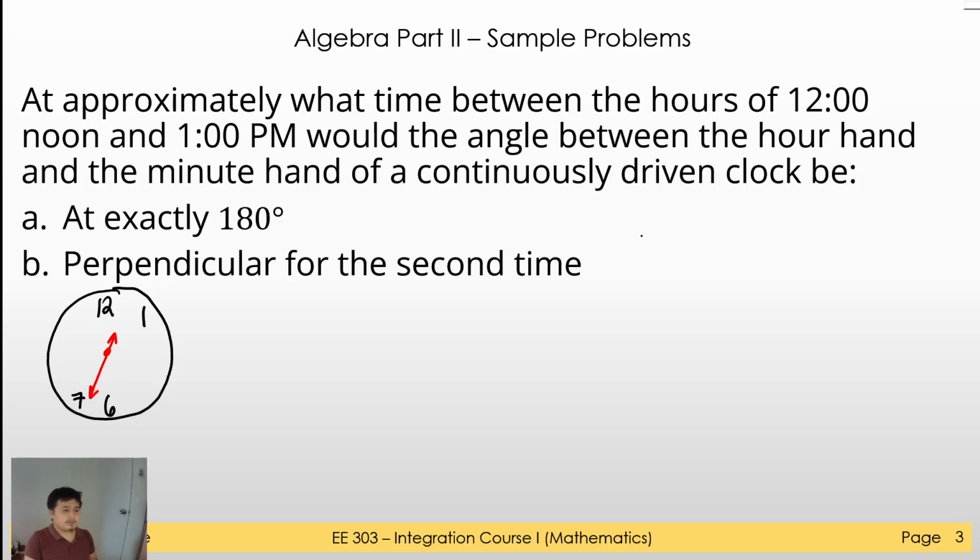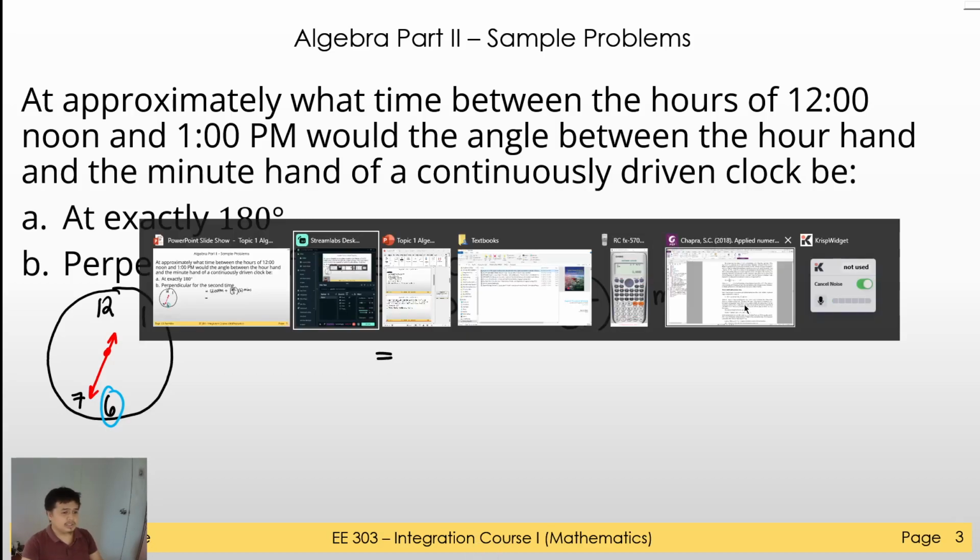So a technique that I want to share with you is that the time you're trying to find will be 12 noon plus 60 over 11 multiplied by the first number that is bracketing this minute hand. So we should choose 6 here, so multiply this by 6, and then we will get the answer. The addition here will be in minutes.